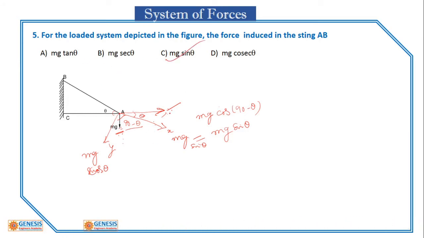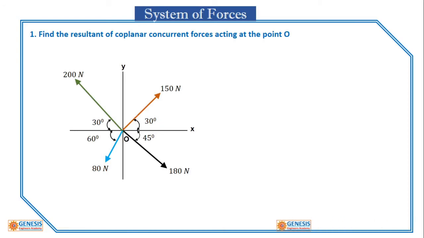So now we will solve a bigger problem, to understand fully what the system of forces is. Here on the same coplanar concurrent forces, we have 4 forces, 150 newtons, 200 newtons, 80 newtons, 180 newtons acting at different angles. So it is our duty to find the components of these 4 forces.